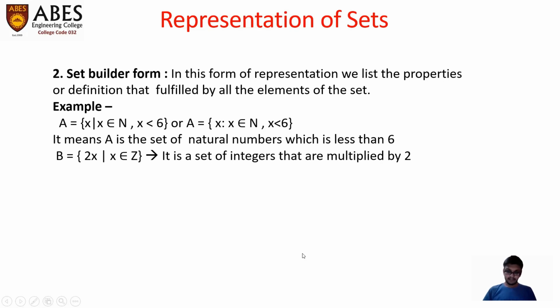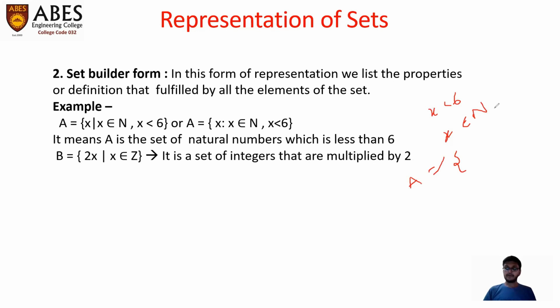N indicates natural numbers. So here is the set A, in which the elements are x, and according to this property, we can convert it into the roster or tabular form.